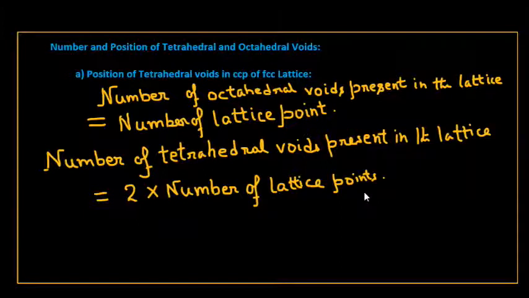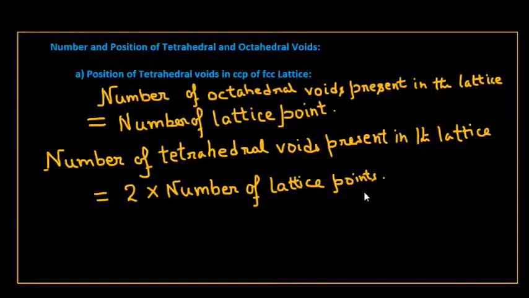Now, the position of tetrahedral voids in CCP and FCC lattice. Let a unit cell be divided into 8 smaller cubes, in which each cube has an atom at alternate corners.